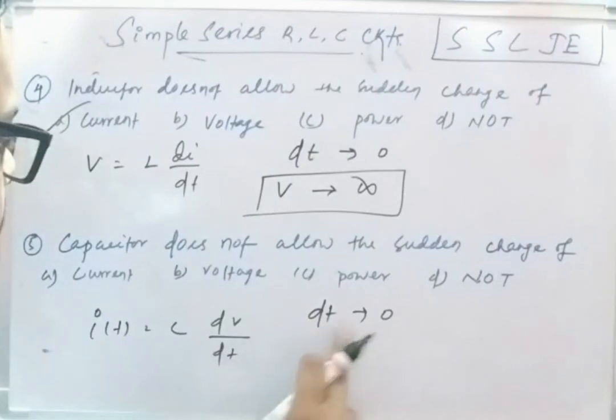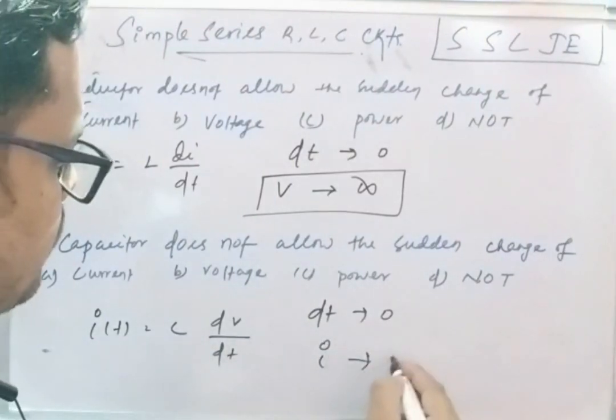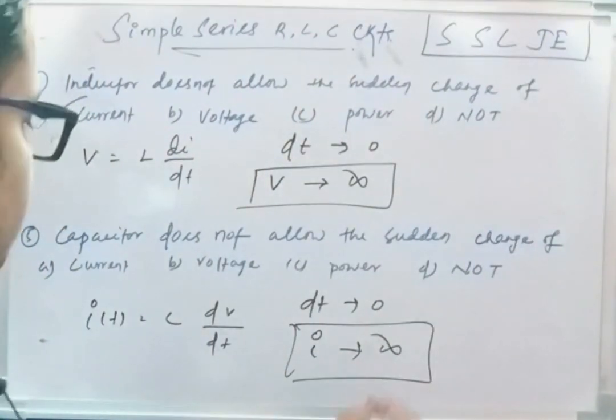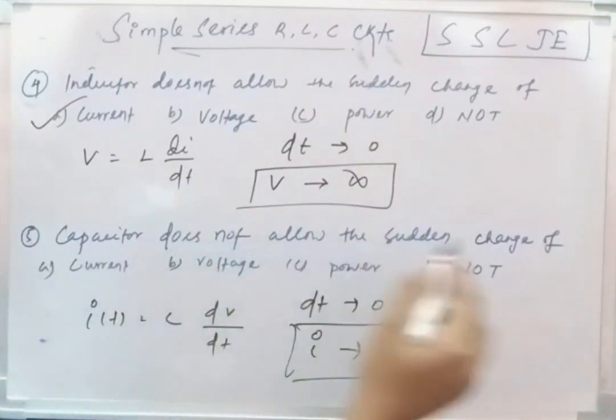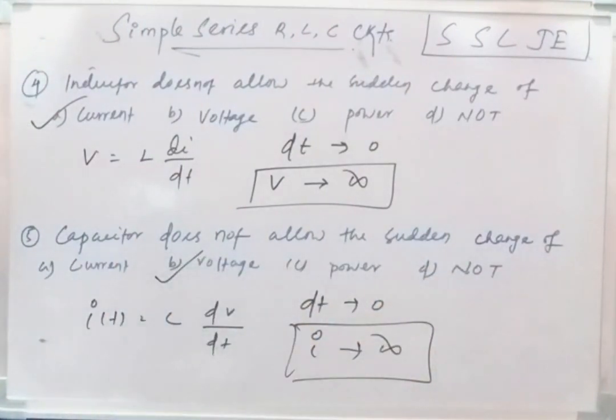So if dt tends to 0, the current will go to infinity. That's why the capacitor does not allow the sudden change of voltage.